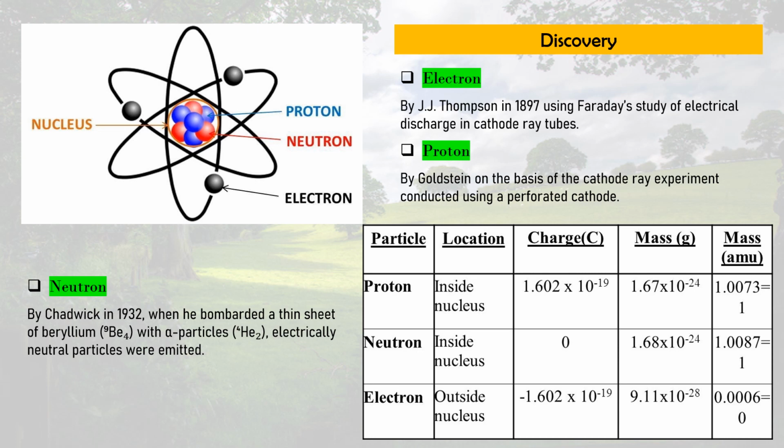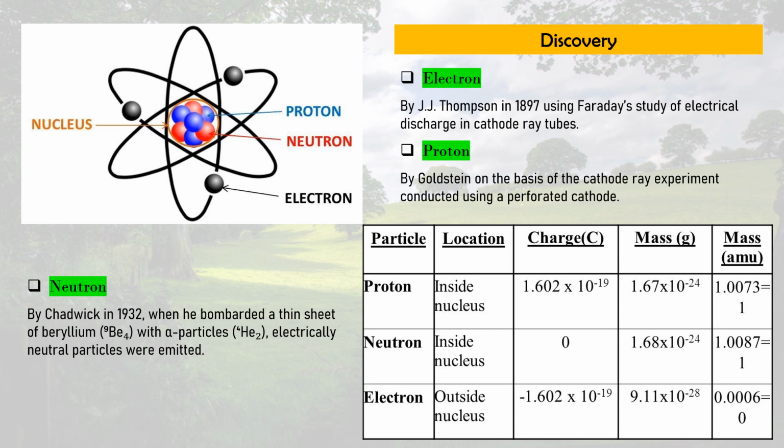When hydrogen gas was taken inside the cathode ray tube, the hydrogen atoms split into H plus ions and electrons. So the H plus is the proton.